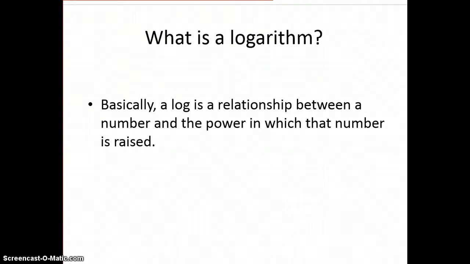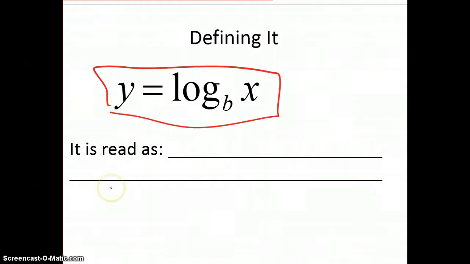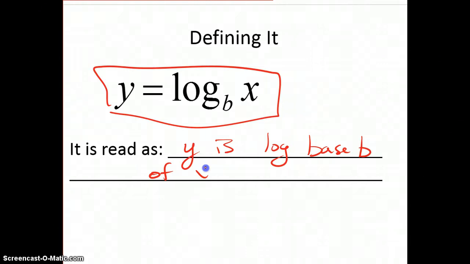It's basically a relationship between the number and the power that a number is raised to. So defining it, it's going to help if we use this. This is what a log actually looks like. This is how it's written right here. And how this is read is it's read as y is log base b of x.